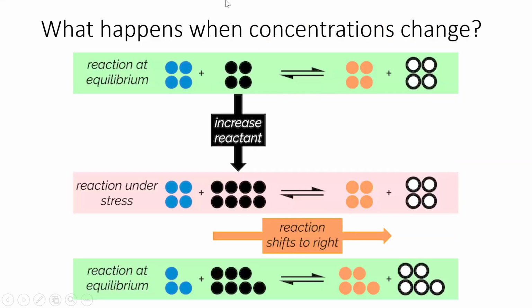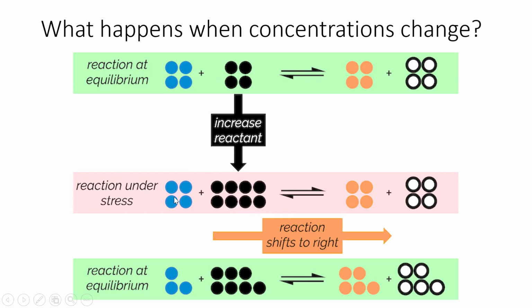A second factor is concentration. Remember, we said that the equilibrium is not going to stand still. It's going to oppose any change that you exert upon it. Therefore, if I have the reaction at equilibrium and I add one of the reactants to the mixture, the equilibrium is going to try to decrease the amount of this reactant.